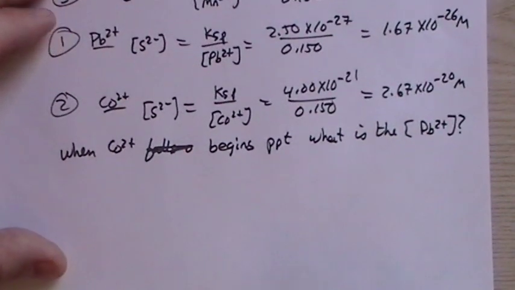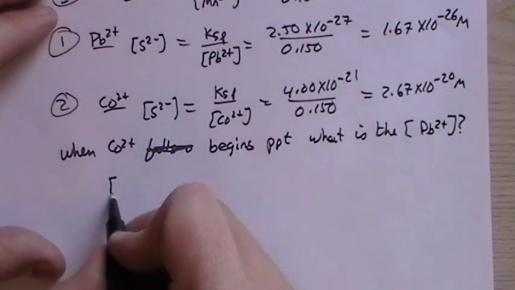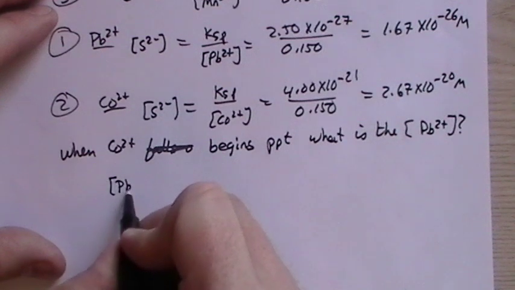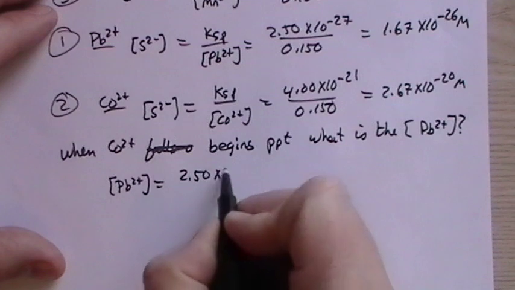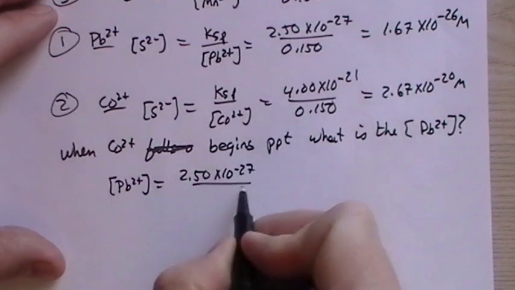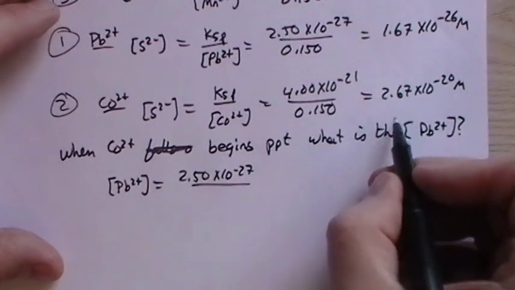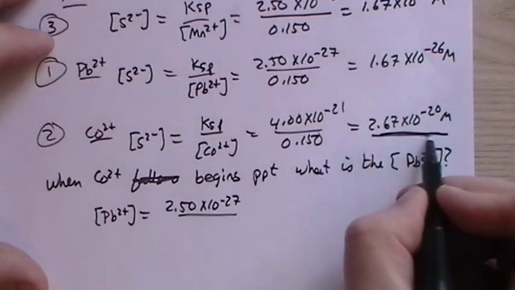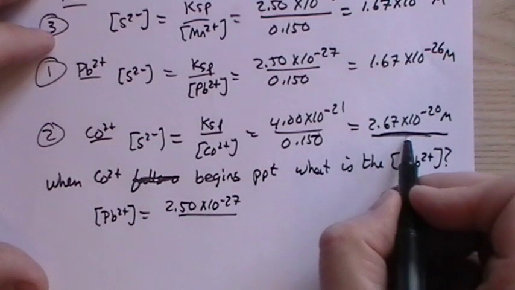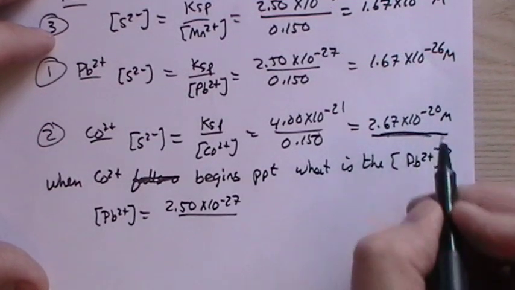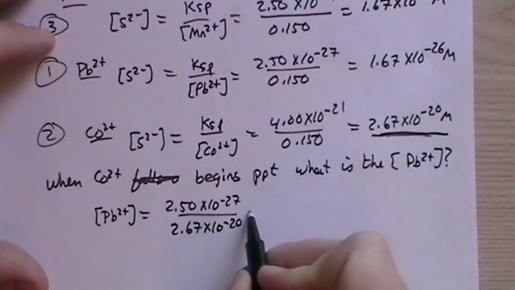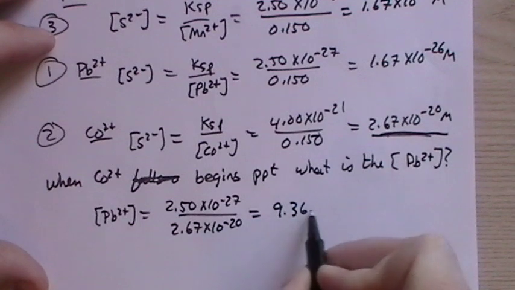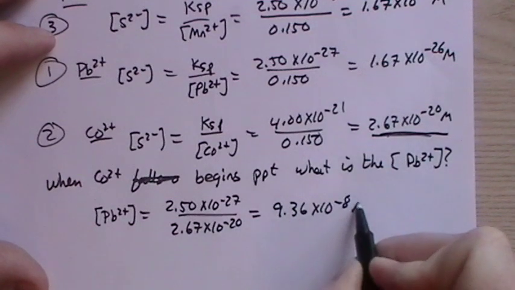So we take the lead, its KSP is 2.50 times 10 to the minus 27. And we see that when cobalt begins to fall out, the sulfide concentration is 2.67 times 10 to the minus 20, so we put that in here. And this is 9.36 times 10 to the minus 8 molar.